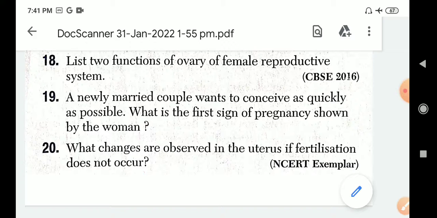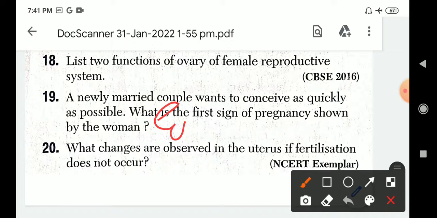It lives for about 1 day, and since the ovary releases one egg every month, the uterus also prepares itself every month to receive the fertilized egg, and its lining becomes thick and spongy, which is required for nourishing the embryo. And this whole preparation is done for the embryo, right?